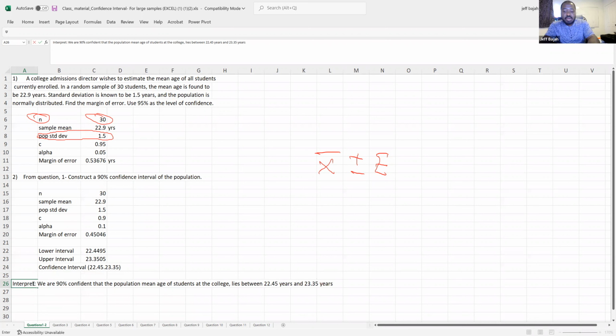That's the whole essence of the confidence interval. So we're 90% confident that the true population mean will lie between these two values. And by doing so, we have done a couple of things. We've found the margin of error, and we've created a confidence interval for this question.